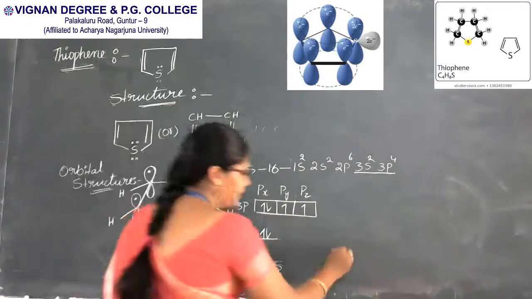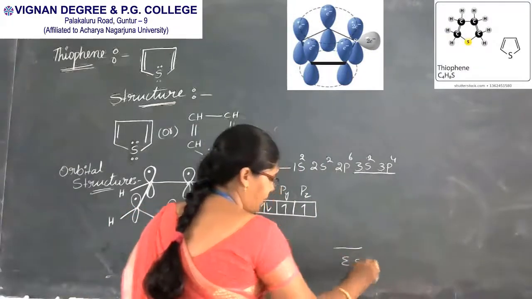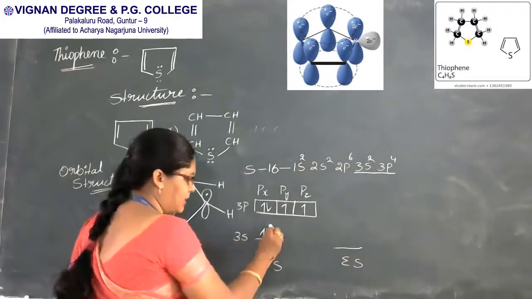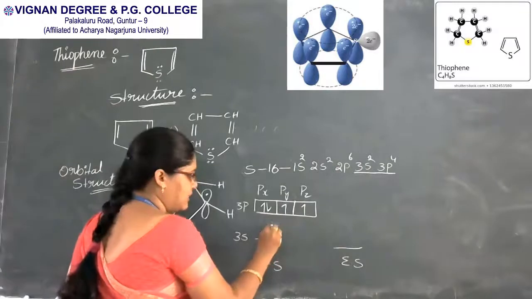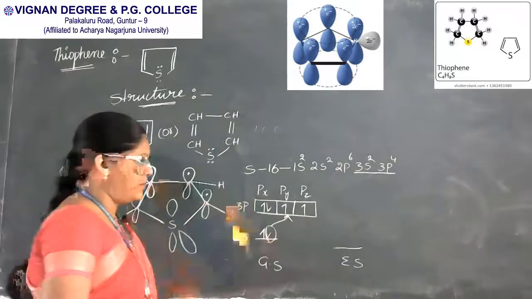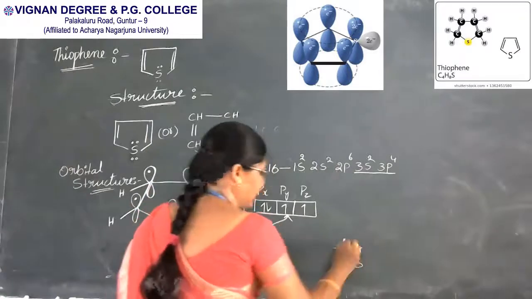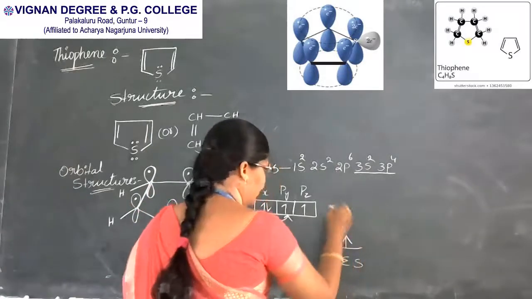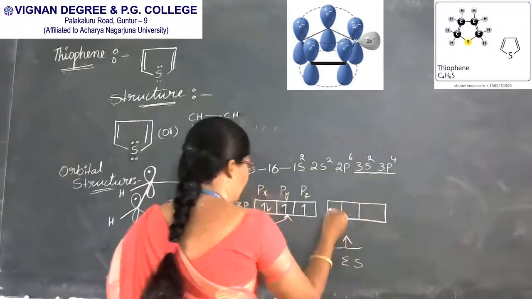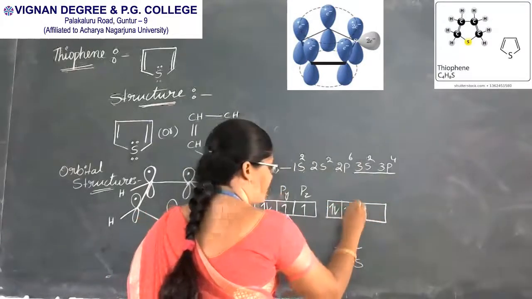In the excited state, one electron from the 3s orbital goes to the 3p orbital, so the 3s orbital contains only 1 electron and the 3p orbitals contain 5 electrons.